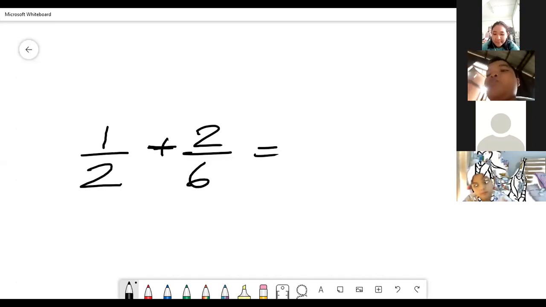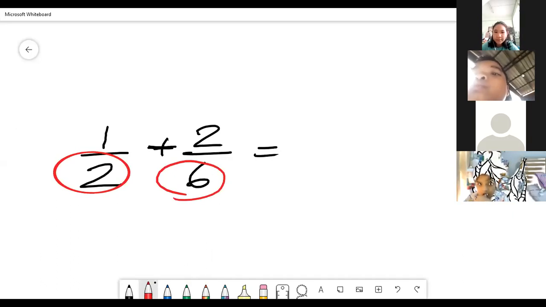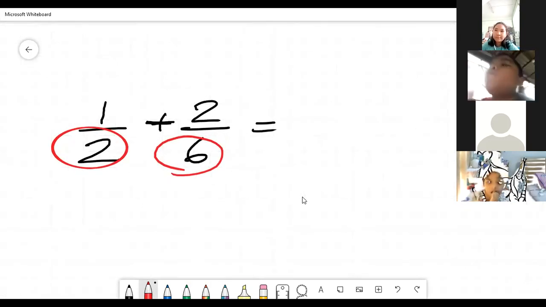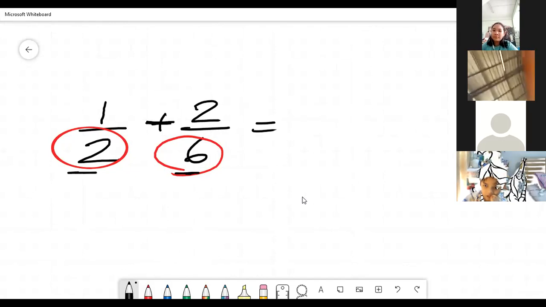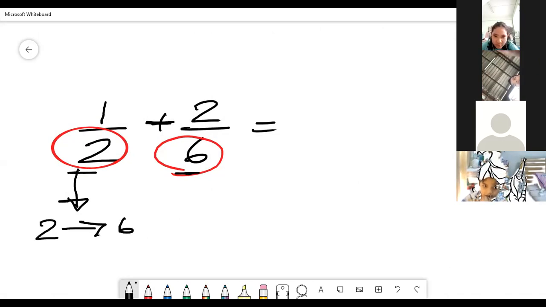We cannot add if the denominators are not the same. It's 2 and 6. Cannot add. Make them the same. How are we going to make them the same? Look at the numbers, 2 and 6. Which one is bigger? 6, right? 6 is bigger. Then ask yourself, can I make 2 become 6? How? Multiply. So 1 over 2 times 3.